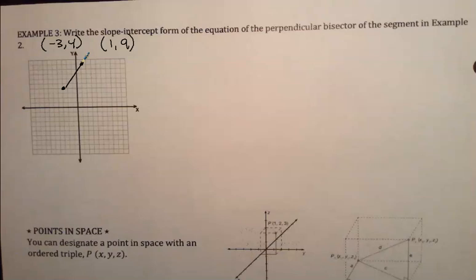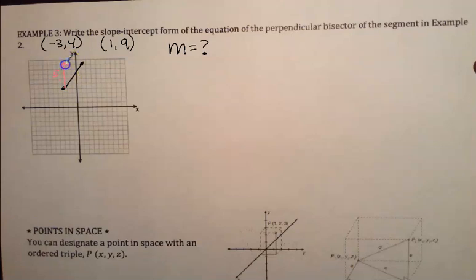Okay. So write the slope-intercept form of the equation of the perpendicular bisector of this segment. Well, first of all, in order to do this, we need to find the slope, right? What does our slope equal? Well, recall our slope is the rise over the run. So to get from this point to this point, we go up 1, 2, 3, 4, 5. So we went up 5.